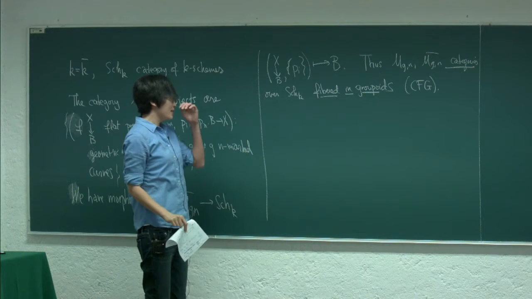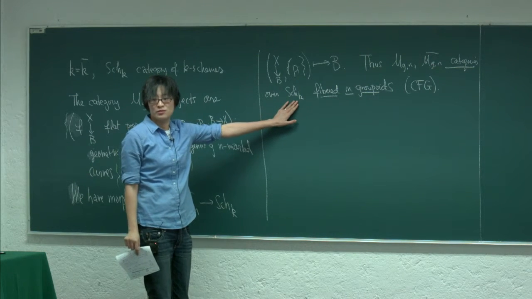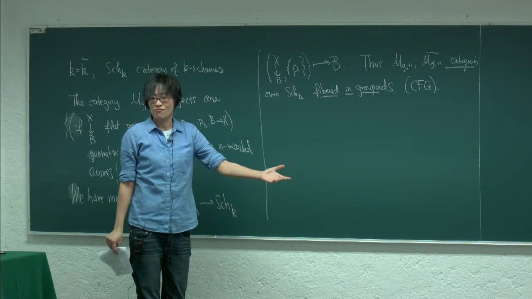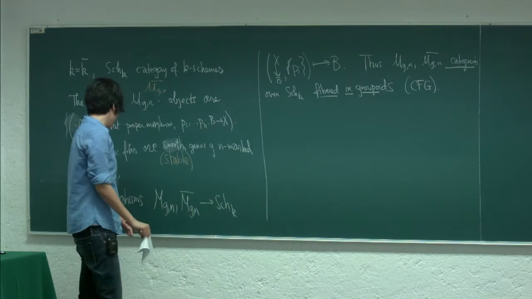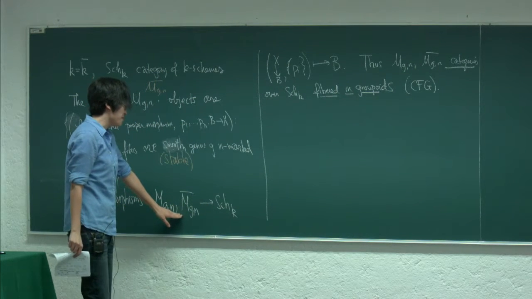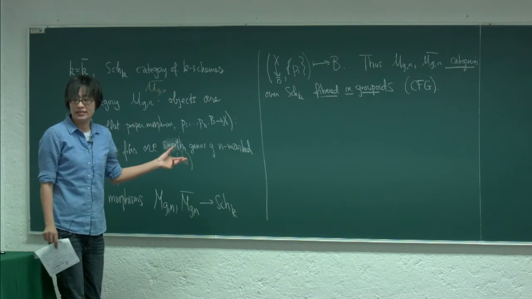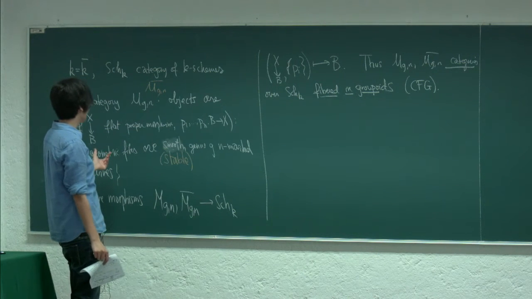Okay, so a category fibered in groupoids is a category over your base, schemes over K, satisfying some additional properties that I won't write down precisely. So those additional properties in this case amount to the requirement that pullbacks of families exist and are unique up to unique isomorphism.